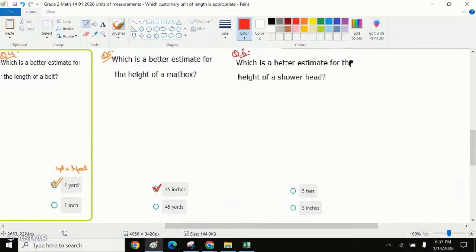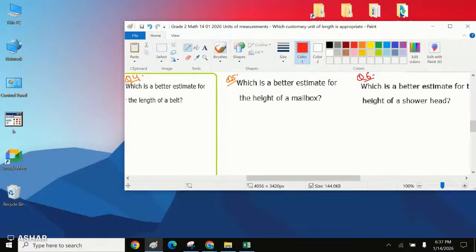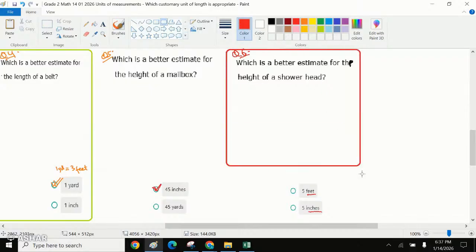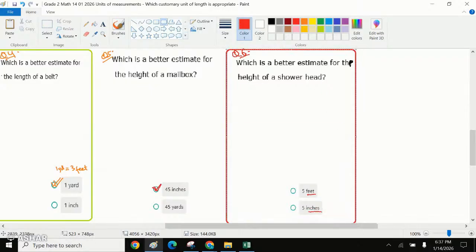So which unit should we use? Feet or inches? Which unit should be used for the shower head? Feet or inches? It says shower head.